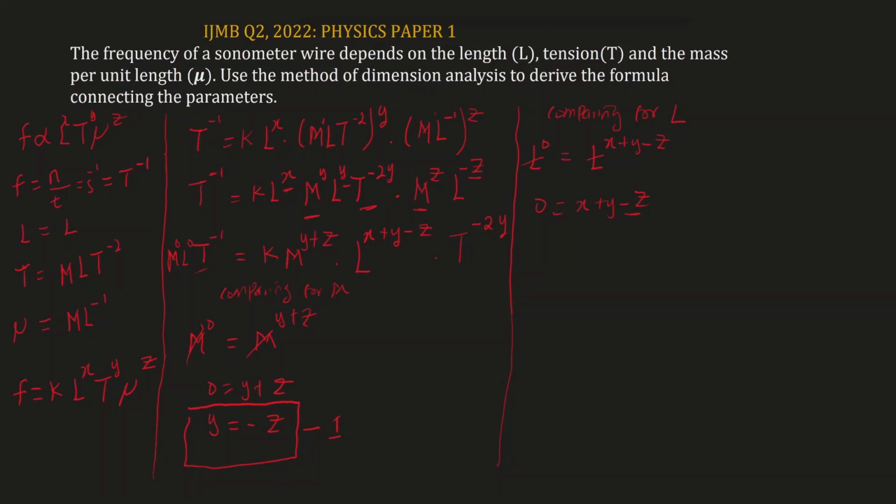So we say Z equals X plus Y. So we cannot solve further. We'll call this equation 2.